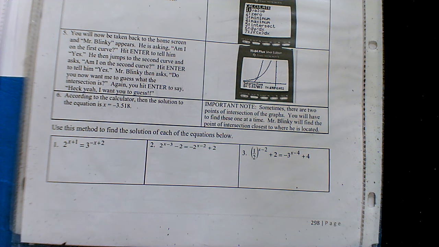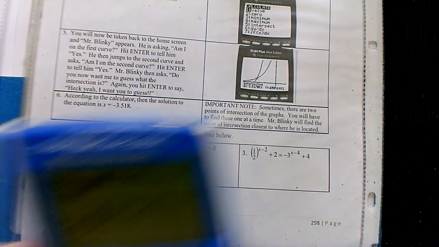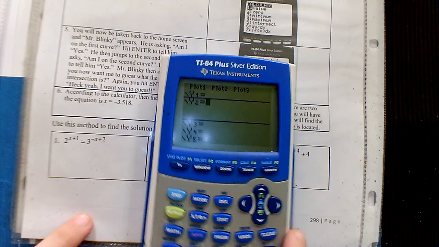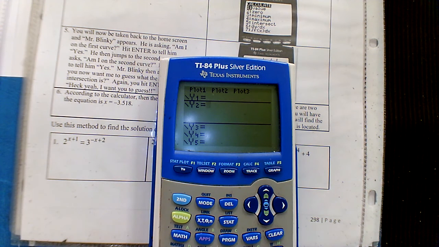If we thought about solving this one by hand, we unfortunately cannot get the bases to be the same, because there's no way you can turn a 2 into a 3 or a 3 into a 2 using like bases. So we're going to graph it on our calculator and see if we can find that intersection point. So do me a favor, turn on your calculator, clear out anything that's in there.